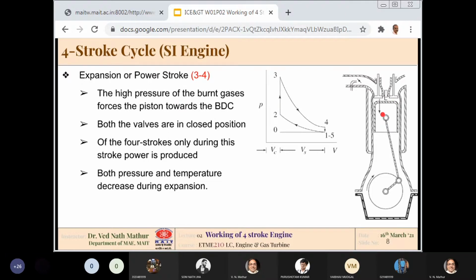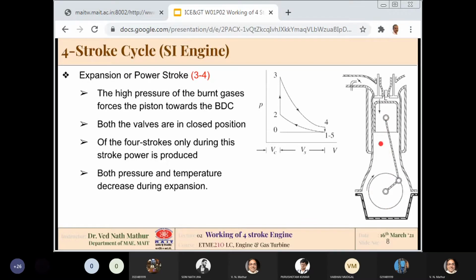This is the only stroke where the gases are working on the piston. They are pushing the piston. In all other three strokes, the movement of the piston was because of the crankshaft rotation, so it has some inertia. Once the gases push the piston, during this half rotation of the crankshaft the piston gets pushed, and then for another 1.5 rotations the crankshaft moves by itself.